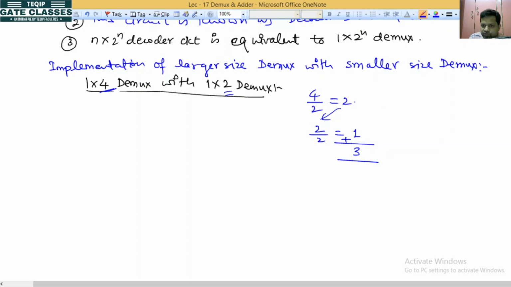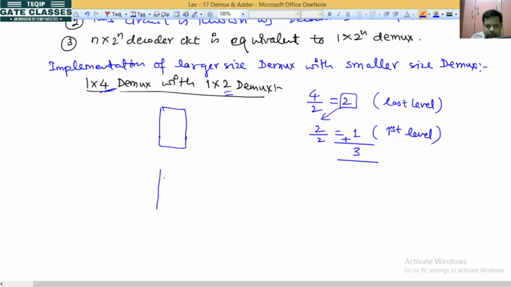Okay na? So these 2 will be at the last level and this one will be at the first level. If you are going to implement it, you see here, we have 1x2 DMUX here, second one is here.